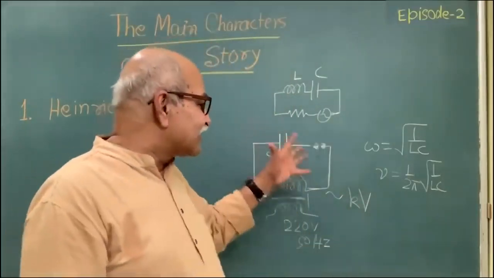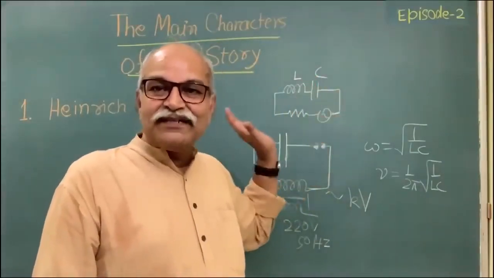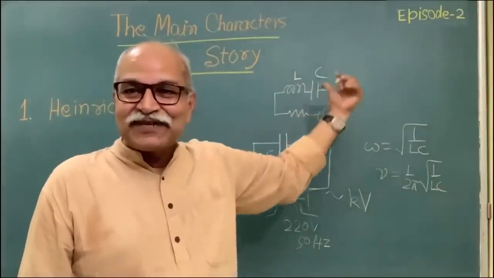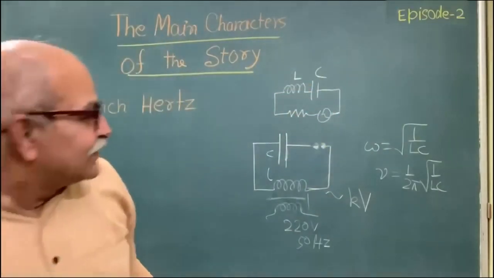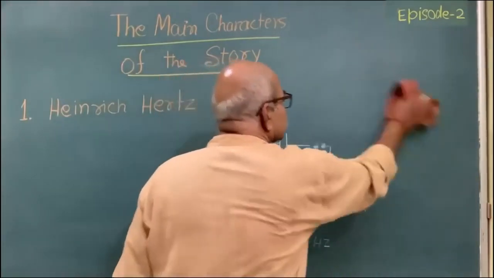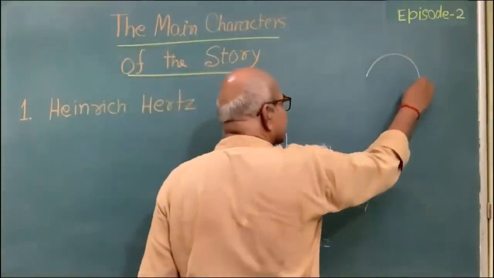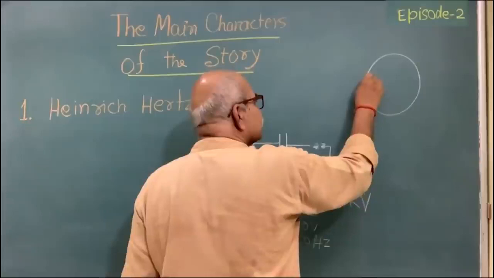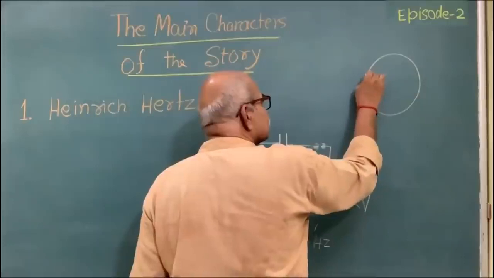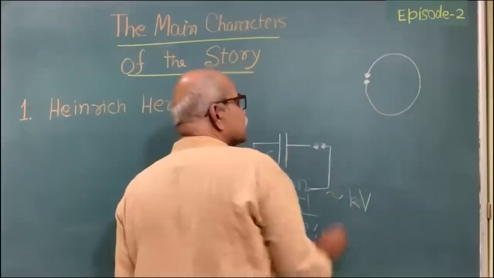So there is a receiver, and since electromagnetic waves, once generated, should move in air or whatever medium is there, what Hertz does is put another circuit here, and this circuit was just, say, a copper loop, with some kind of metallic material here, maybe two spheres, or one pointed and one sphere, with a small gap and so on.